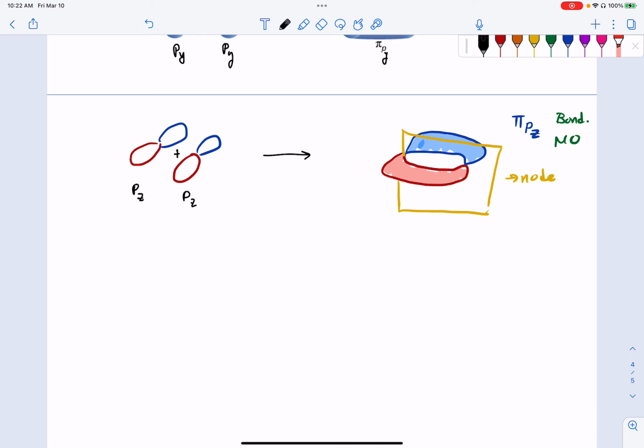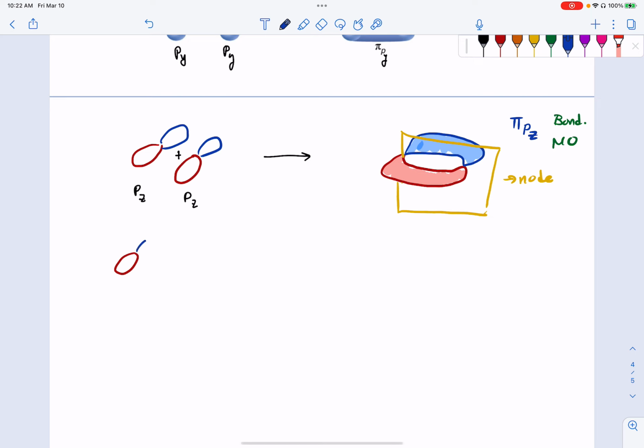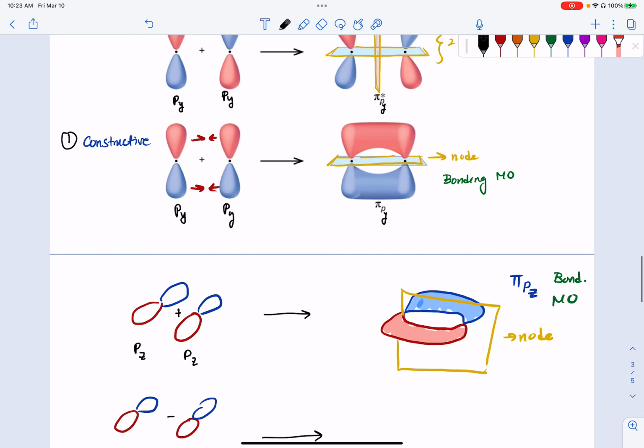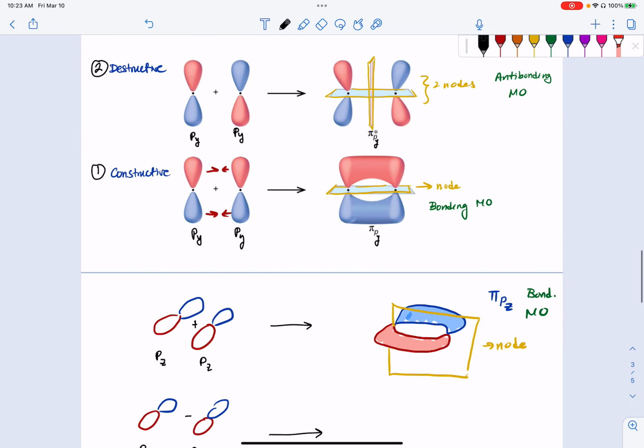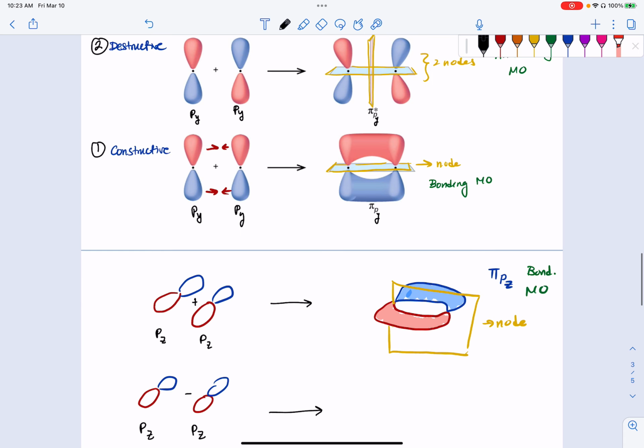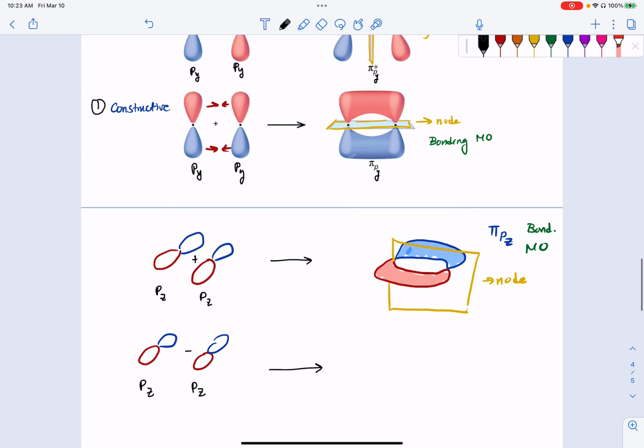And if we were to look at the anti-addition or the subtraction of our pz's, then we would see the exact same result as our py, just again rotated in 3D space.